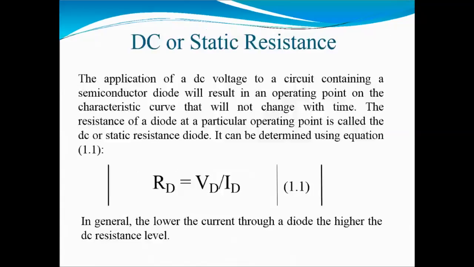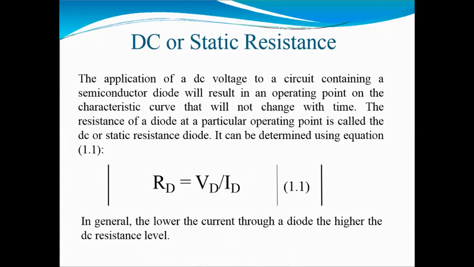Okay, next, DC or static resistance. The application of a DC voltage to a circuit containing a semiconductor diode will result in an operating point on the characteristic curve that will not change with time. The resistance of the diode at a particular operating point is called the DC or static resistance of the diode.